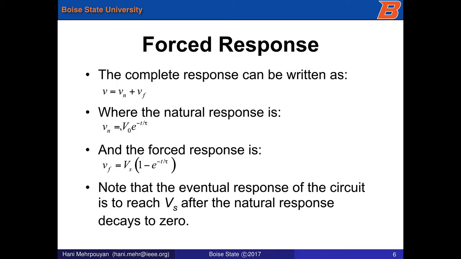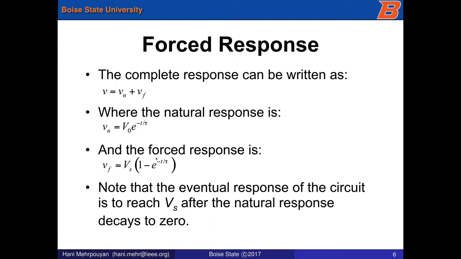The natural response is given by the original voltage multiplied by e to the power minus t divided by the time constant, which is tau. And then the forced response is given by Vs times 1 minus e to the power minus t divided by tau.